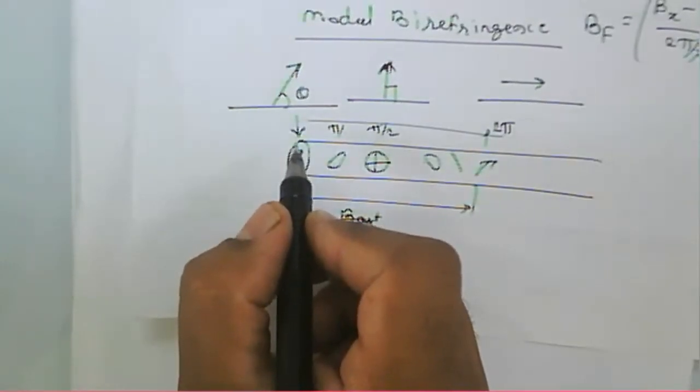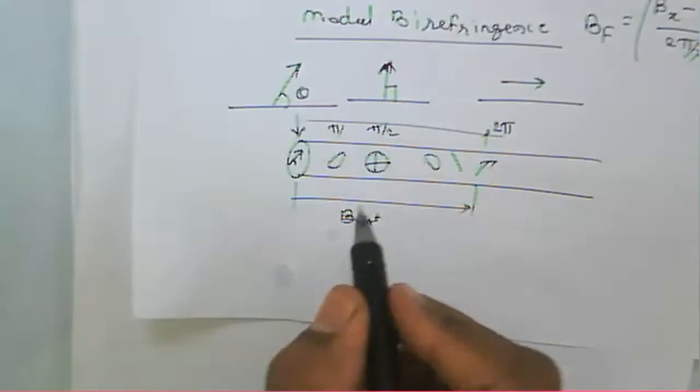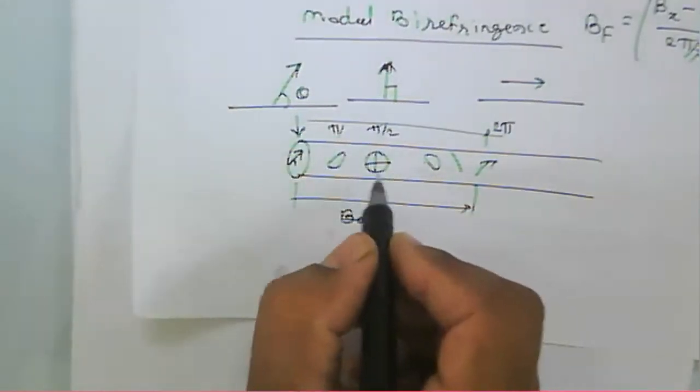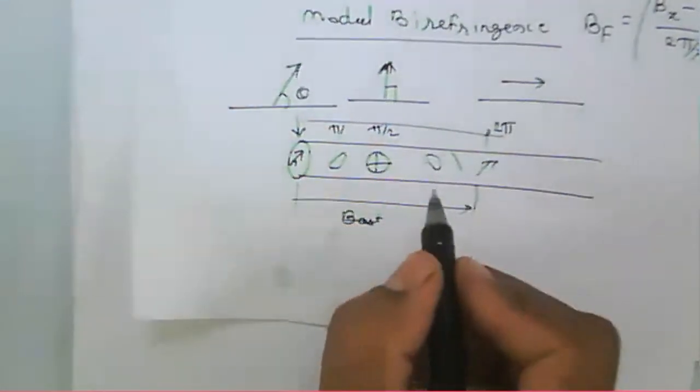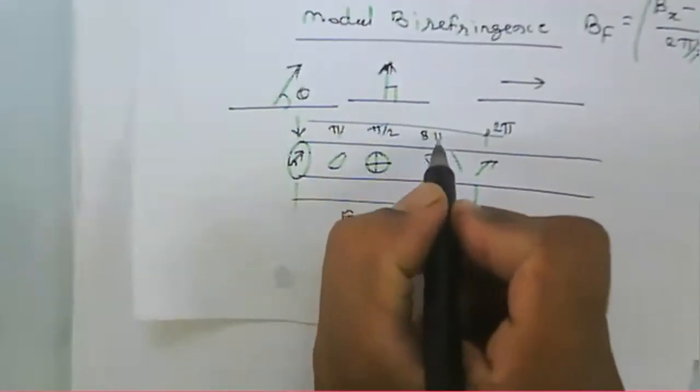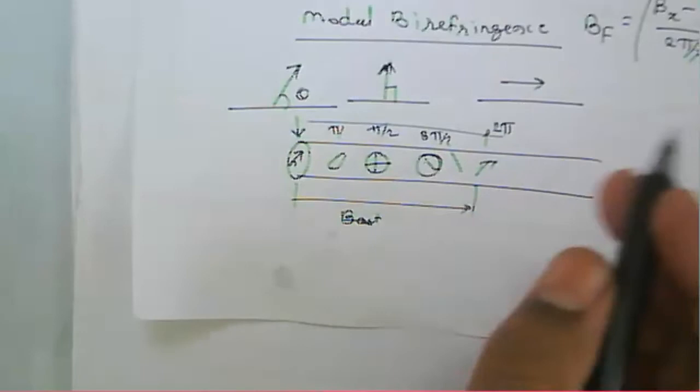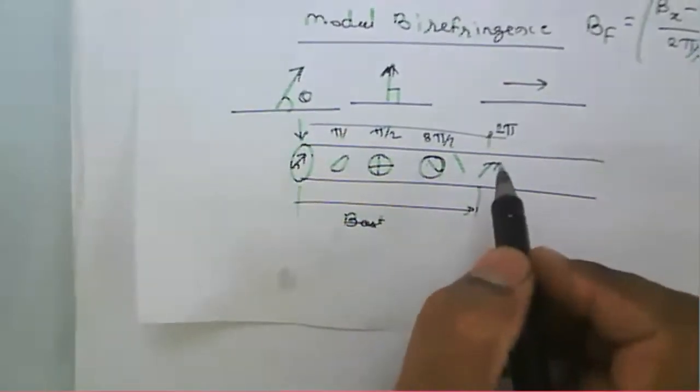we have the phase changes at pi by 2, then 3 pi by 2. Suppose at 3 pi by 2 it will again be circular, and then at twice pi it will be linear in nature.